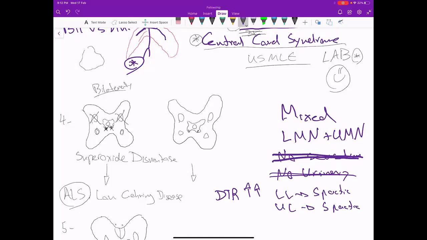But you look at the patient's tongue and you see fasciculations, which are characteristic of lower motor neuron lesions. You see dysarthria, et cetera. So when you have a mixed picture, even though the majority looks like an upper motor neuron lesion, but you also have signs of lower motor neuron lesion, then you're going to think of ALS.